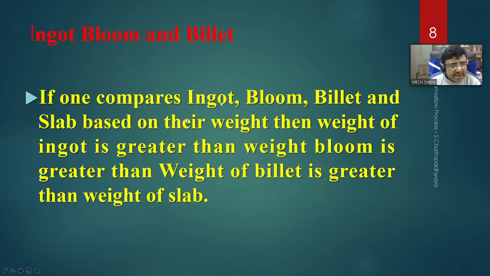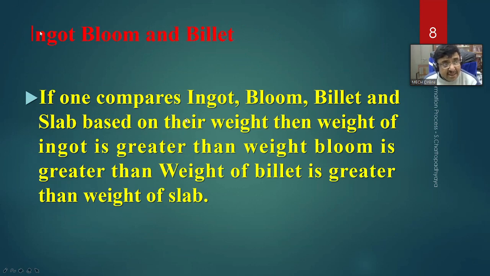If one compares ingot, bloom, billet and slab based on their weight, ingot has the highest weight, then bloom has greater weight than billet, and billet has greater weight than slab. So ingot, bloom, billet, slab is the sequence in terms of weight.